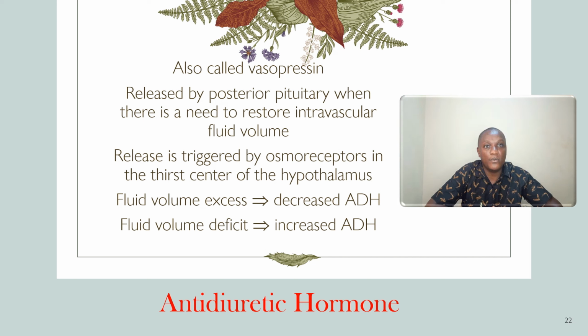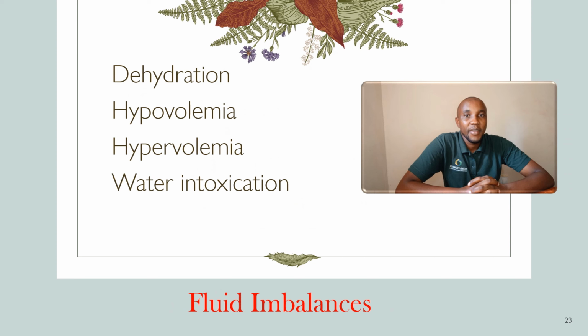So when there is a fluid volume excess, you expect less antidiuretic hormone to be released. But when there is fluid volume deficit, that is when the antidiuretic hormone release is increased in a bid to restore intravascular fluid volume.